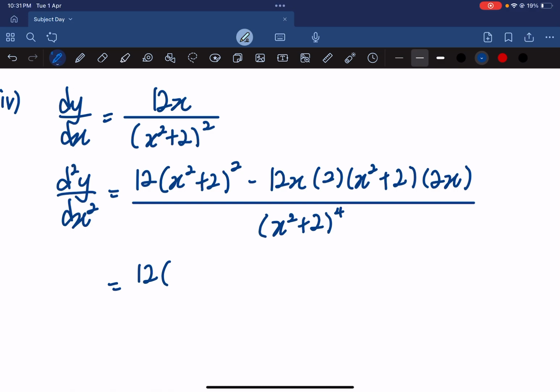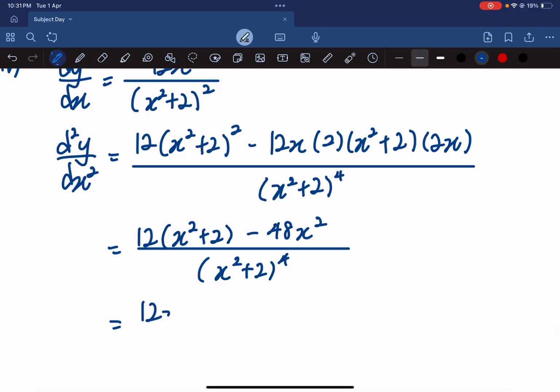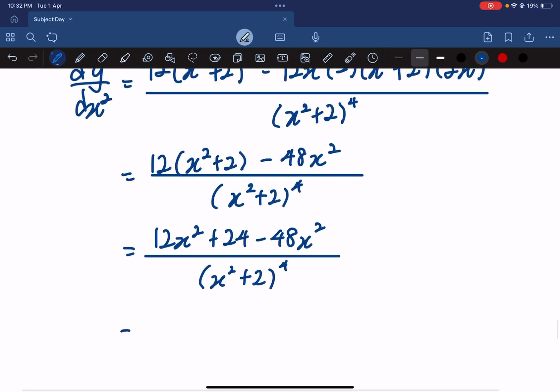I should get 12 times x squared plus 2 minus away 48x squared, the whole thing over x squared plus 2 the whole thing power 4. Therefore, simplifying everything, 12x squared plus 24 minus 48x squared, the whole thing divided by x squared plus 2 the whole thing power 4. I should get 24 minus 36x squared.